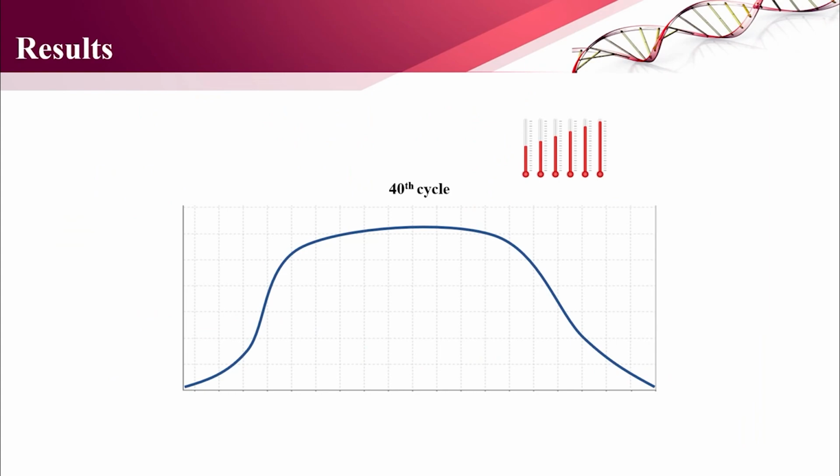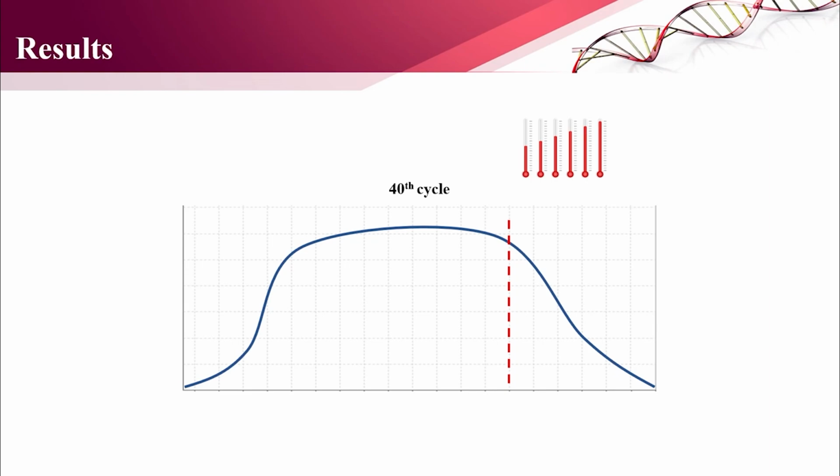Let's imagine we have a qPCR and we have completed 30 or 40 cycles, and by the 40th cycle the reaction reaches a plateau, meaning we have a certain amount of DNA. After that, the temperature is gradually increased in 1 degree increments. This is called the melt curve. As the temperature rises, the PCR product begins to melt, causing the DNA strands to separate.